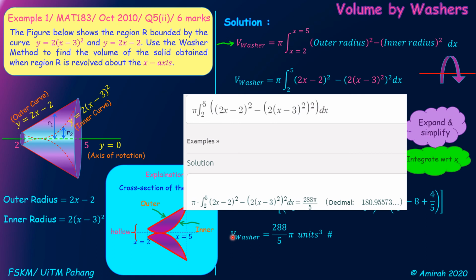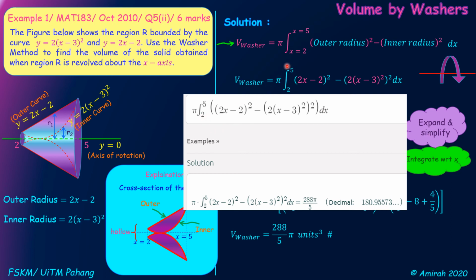We can check the final answer using SymbolLab. After we set up the formula for volume by washer, we can transfer it into SymbolLab.